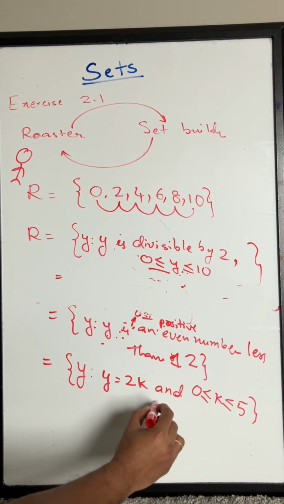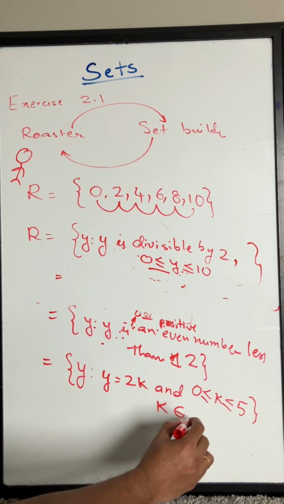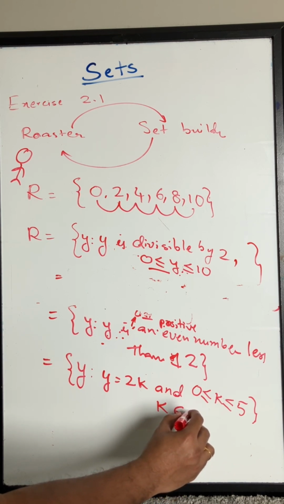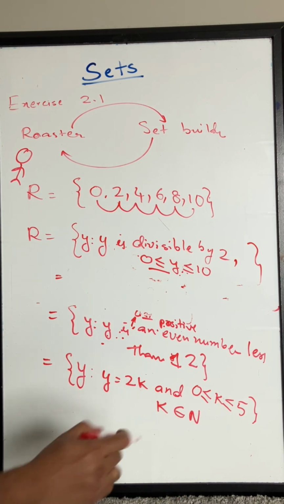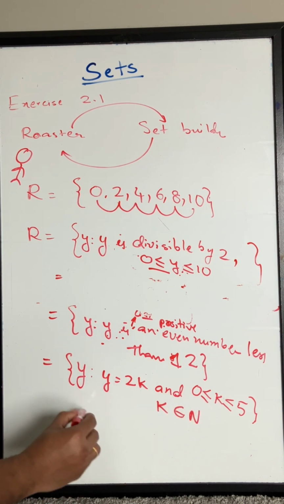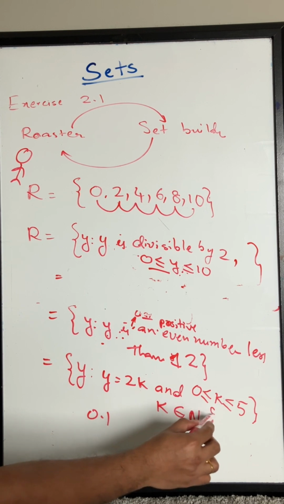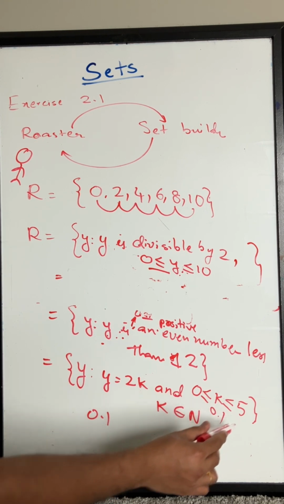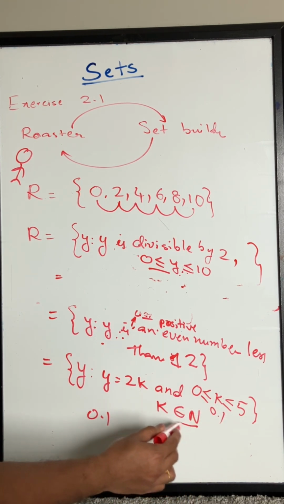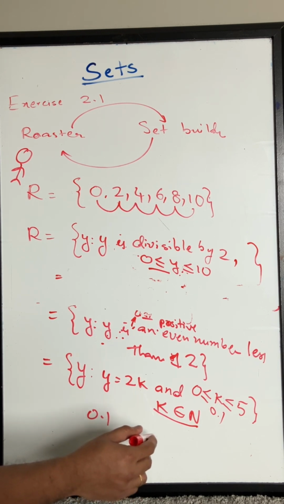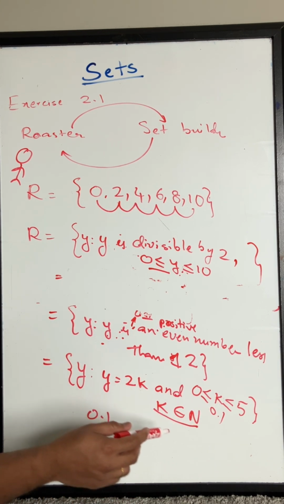K is an integer, k belongs to N. Otherwise people think, okay, I'll take k as 0.1 also, greater than 0, less than 5. If I don't write this k belongs to N, people take all fractions also.